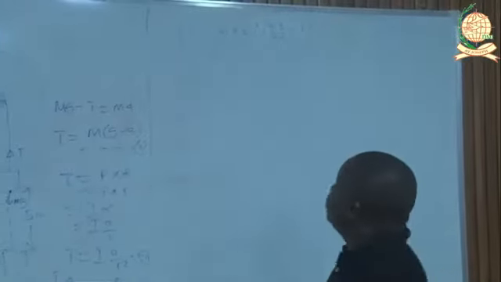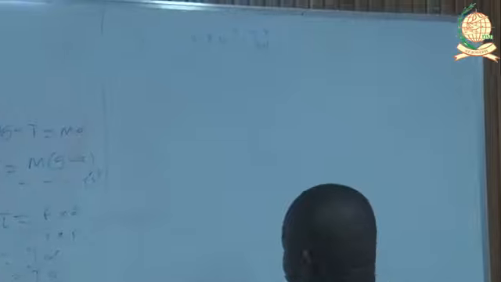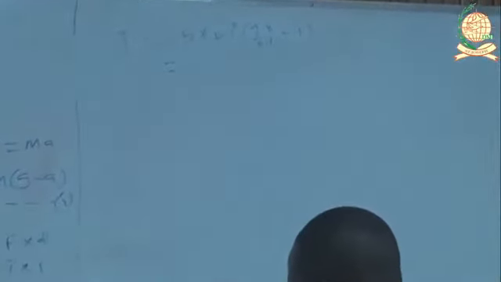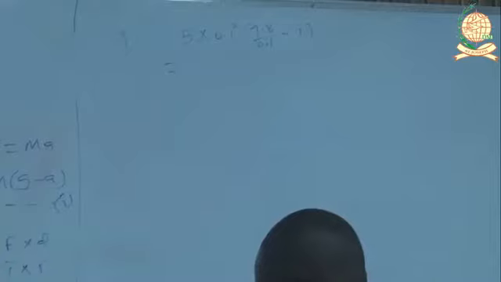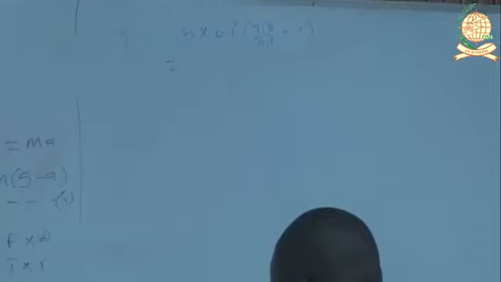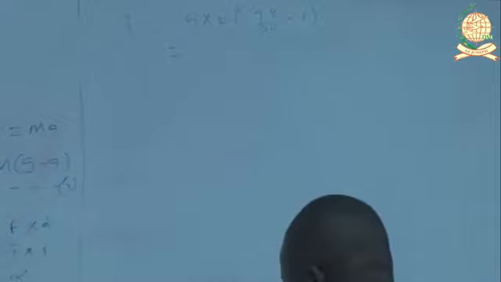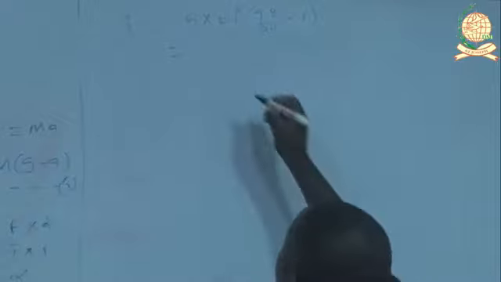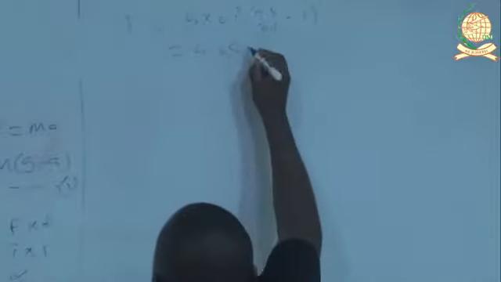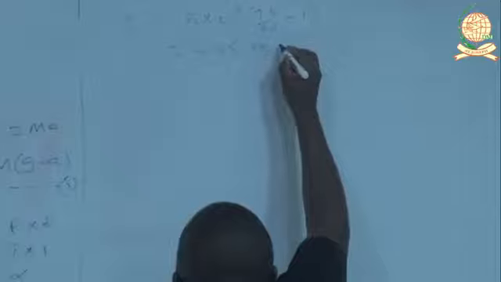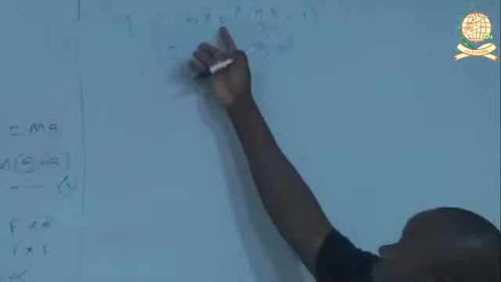This you get 4.85 kilogram meter square, because the unit of acceleration and the unit of acceleration cancel out, so we are left with meter square and 5 kilogram.